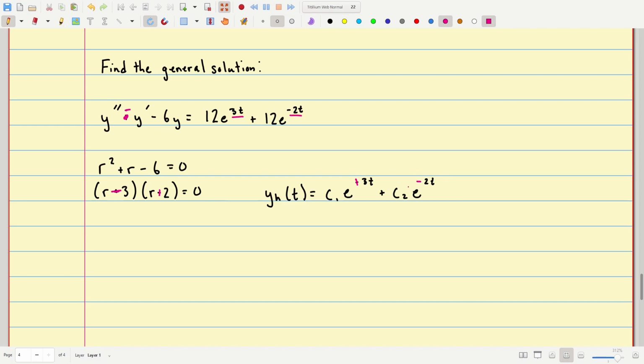And that changes our guess for what the right-hand side would look like. In the case that I have marked up here, where everything matches and the coefficients are the same, our guess for the form of the particular solution would need to be this.